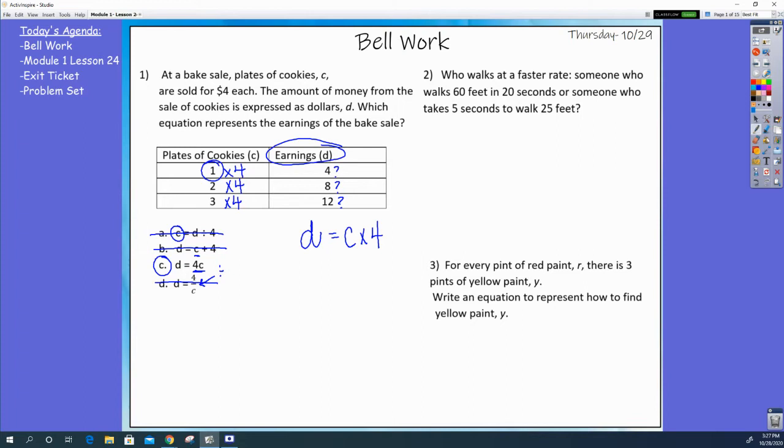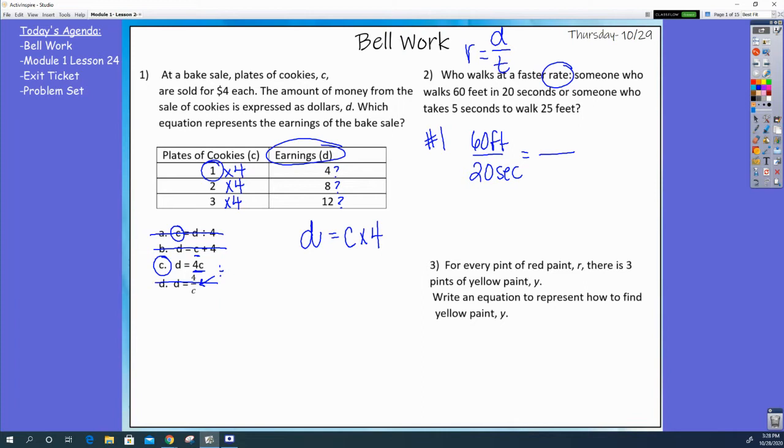Number 2. Who walks at a faster rate? Someone who walks 60 feet in 20 seconds, or someone who takes 5 seconds to walk 25 feet. So we have person number 1. They are walking 60 feet in 20 seconds. Remember, if I'm finding their rate, the formula is rate equals distance divided by time.